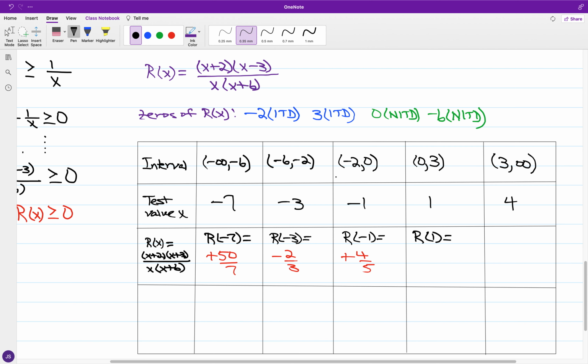For r of 1, we have a minus 6/7. And for r of 4, once you reduce to lowest terms, that's going to end up at positive 3/20. So we've got positive, negative, positive, negative, positive. So you have the respective signs of r of x.